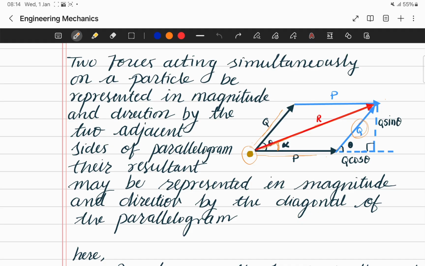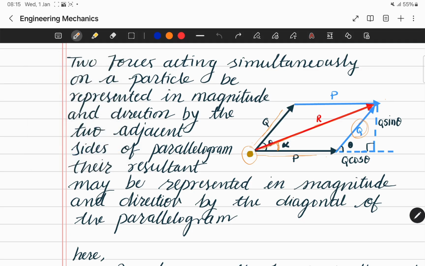So if you want the resultant of this force system, with only two forces acting on it, we will draw a parallel line of equal magnitude to P, where Q is ending. We will draw again a parallel line which will have the same length as P. Just like that, we will draw Q at the end point of P, and it will have the same length as Q. So it will form this parallelogram.